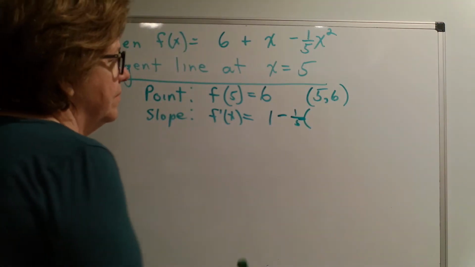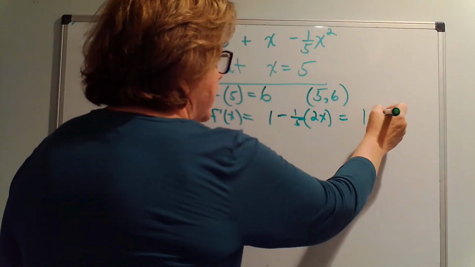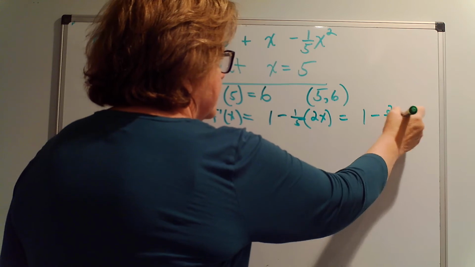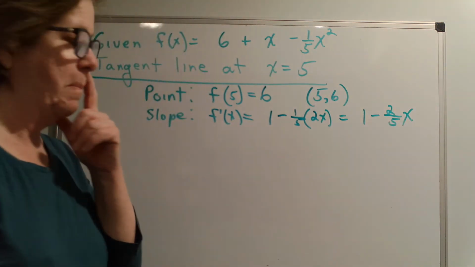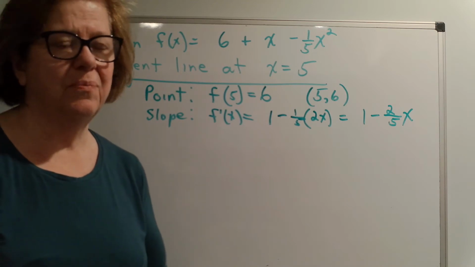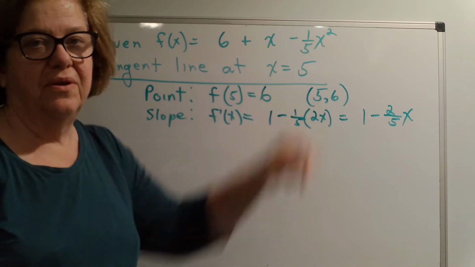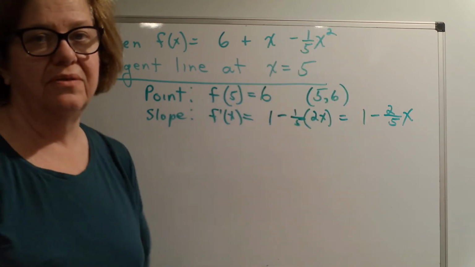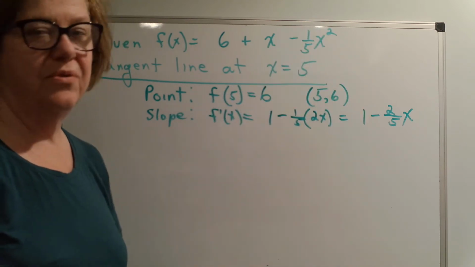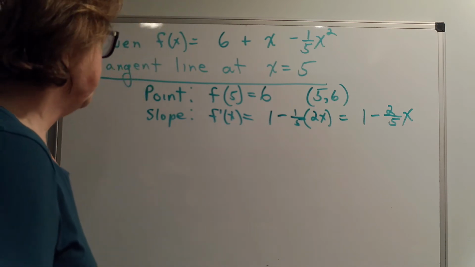Derivative of x squared is 2x. So you get 1 minus 2/5 x. Don't go through using the product rule all the time. This is a constant times a function, not a function times a function. So we don't need to use the product rule. We can use the constant multiple rule.